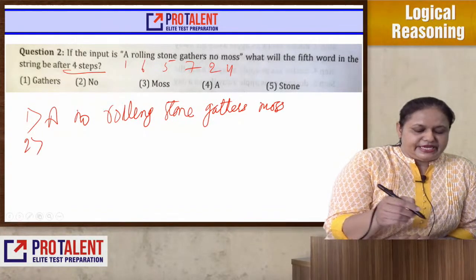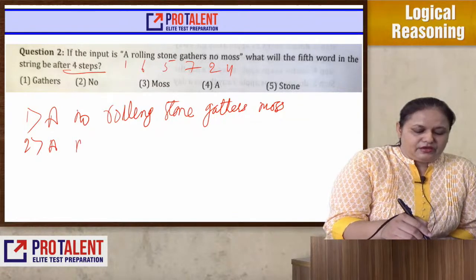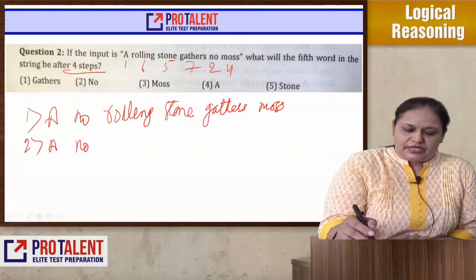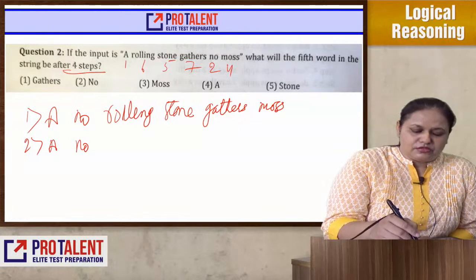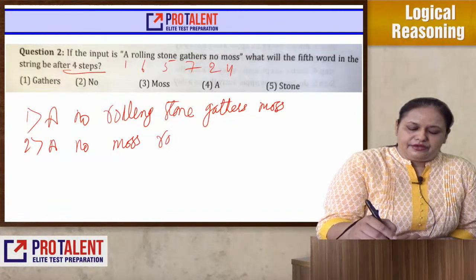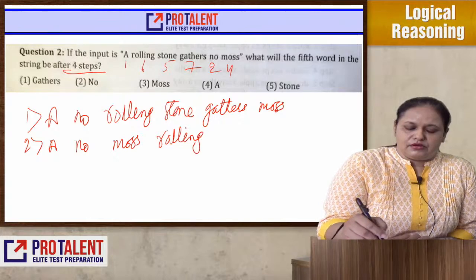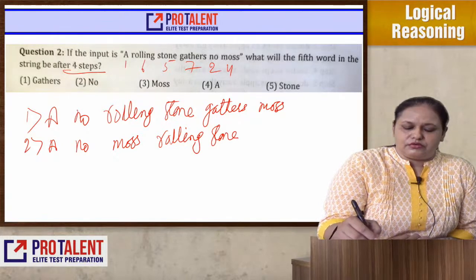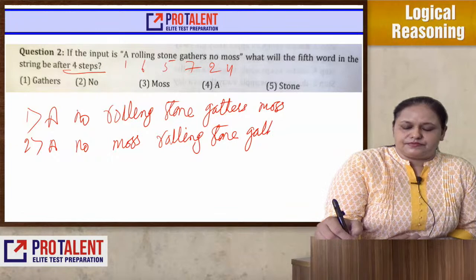Similarly, that would be a second step. A, no, then it is going to be moss. Okay, rolling, stone, gathers.